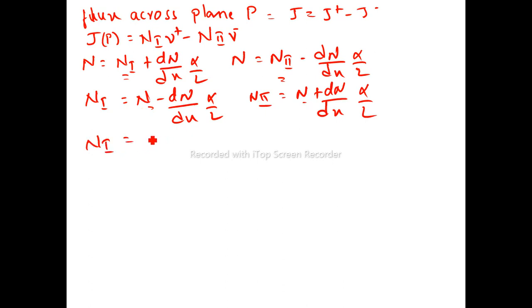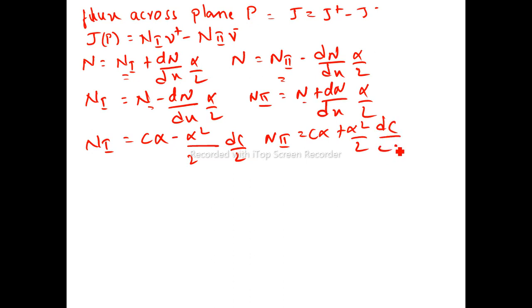Then we can write this N in the form of a concentration gradient, which is a measurable quantity. Is it clear? So the concentration is equal to N divided by alpha.